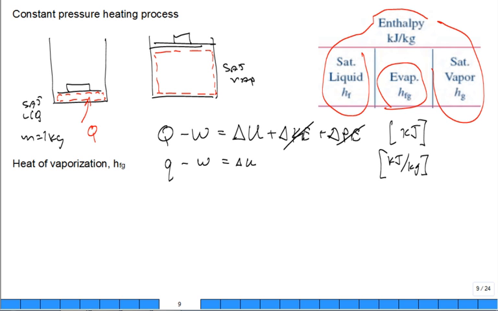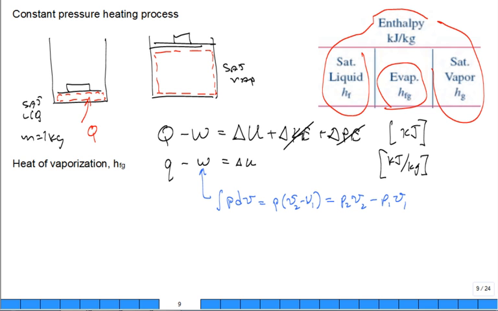All right. The work is the boundary work. Isn't that the integral PdV? Constant pressure boundary work is equal to P times V final minus V initial, or it's P2V2 minus P1V1. True?